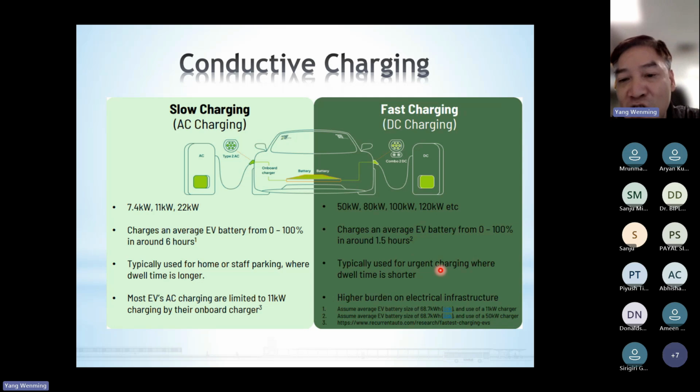Typically used for urgent charging, where parking time is short. However, this charging method puts a higher burden on the electric infrastructure, correct? Because the power is very strong, the infrastructure should be built strong, correct?